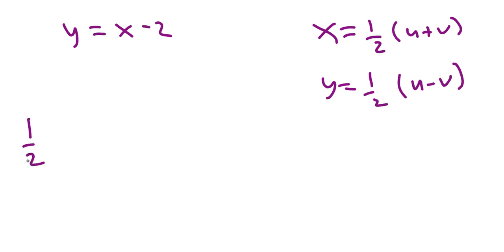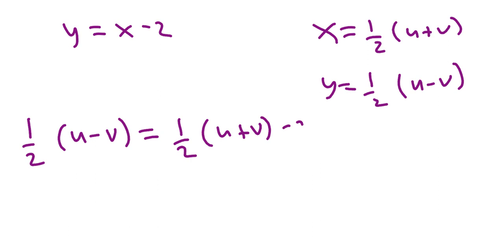So you have a half of u minus v equals 1/2 of u plus v minus 2. I may be tempted to multiply everything by 2. I'll have u minus v equals u plus v, and then I have minus 4.